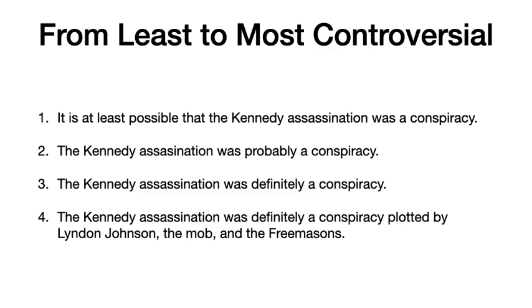Even people who think it probably wasn't a conspiracy like me, and people who think it was definitely a conspiracy, would admit the literal truth of it is at least possible that the Kennedy assassination was a conspiracy. This seems to be more likely to be true. It is more likely that a random person you pick out on the street would think this is true.